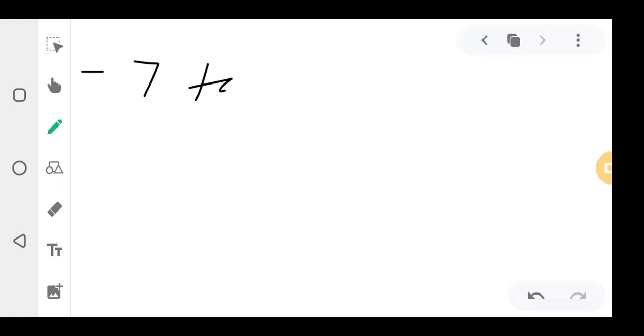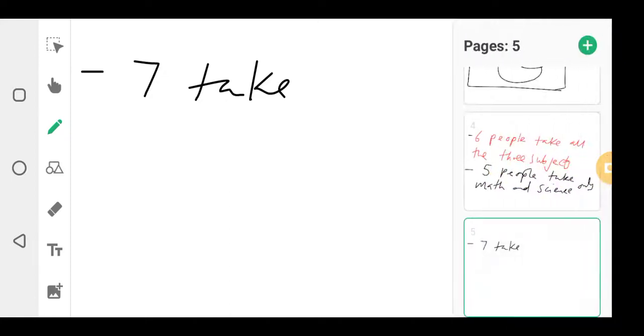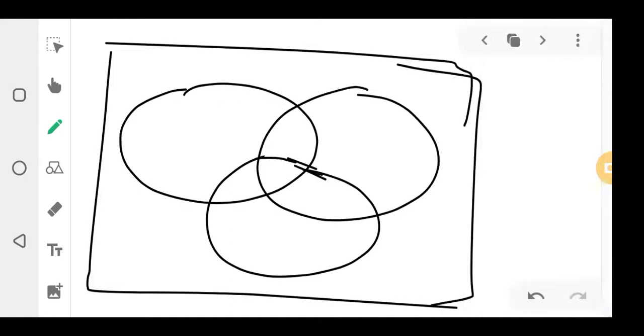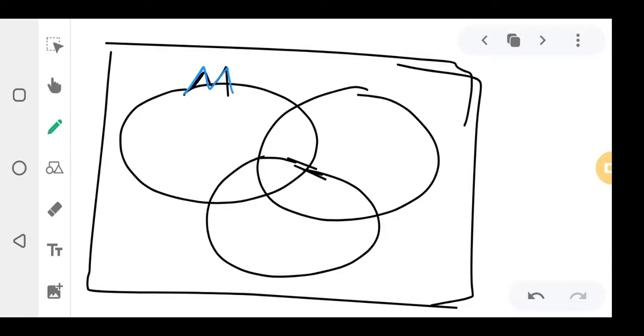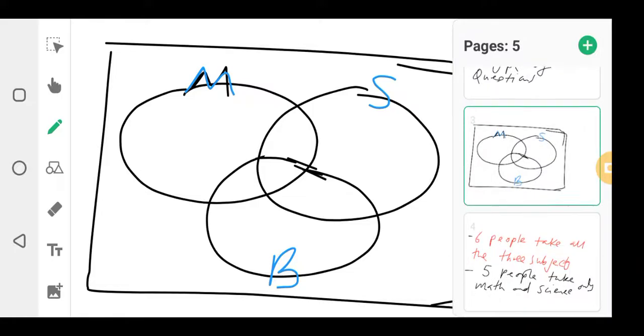7 take. Okay, so I'll put this. We'll say this is mathematics. Use the other color. So this is mathematics, this is science, and this is biology. So I'm writing first the information.